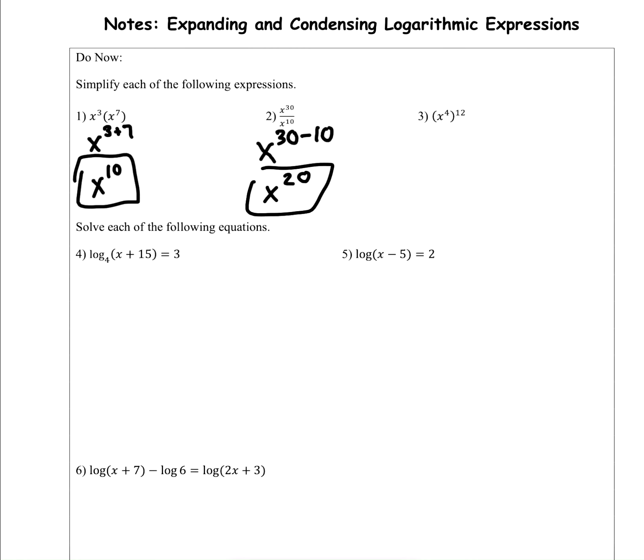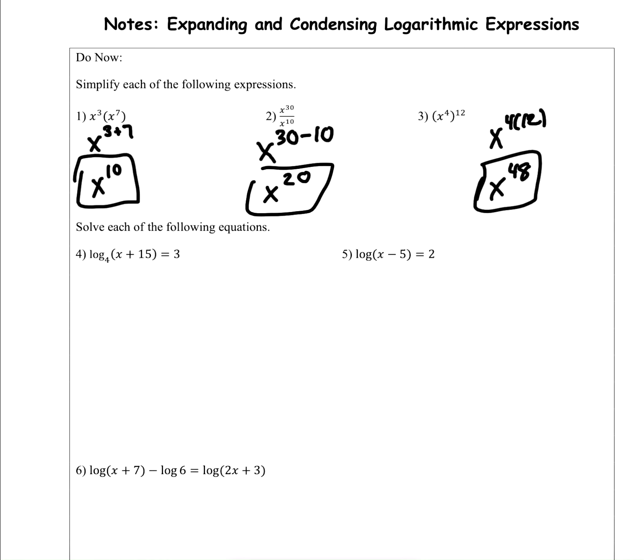And what do you do when you have a power to a power, so an exponent to an exponent? That's when you multiply the exponents. So that is x to the 48th. So that's how you would simplify 1, 2, and 3. And those are going to come back today when we're expanding and condensing logarithmic expressions.